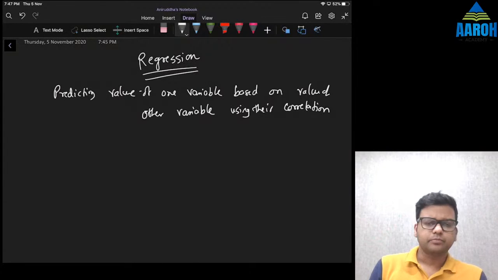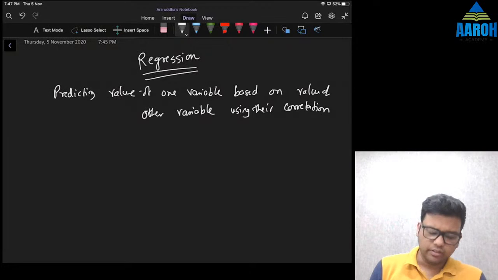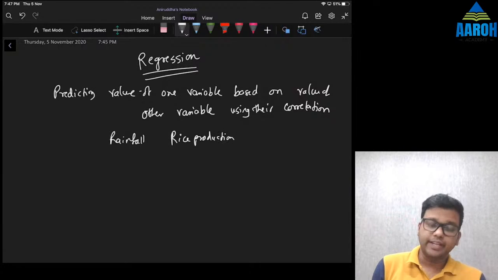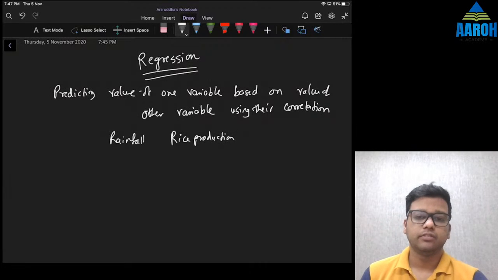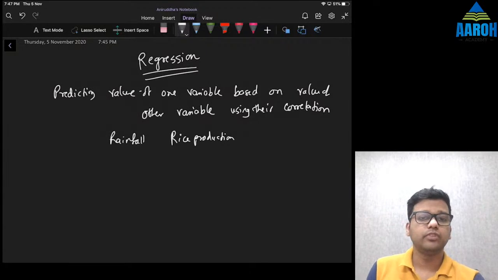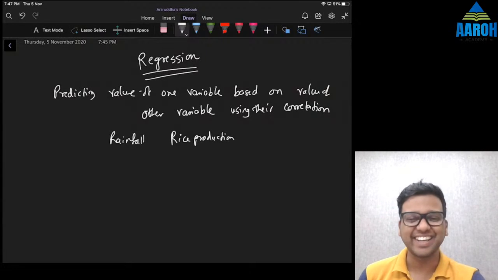For example, let's say we have the last 5 years of rainfall and the last 5 years of rice production. Obviously rainfall and rice production are correlated, most probably with a high positive correlation: the higher the rainfall, the higher the rice production.